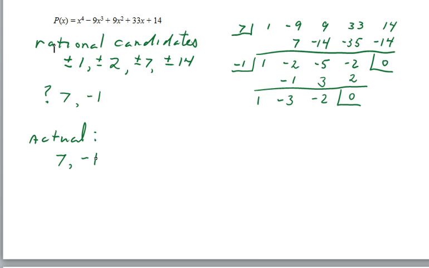To find the other two irrational zeros, the quadratic factor that we are left with at this point is x squared minus 3x minus 2. So in the quadratic formula, the a would be 1, the b would be negative 3, and the c would be negative 2.